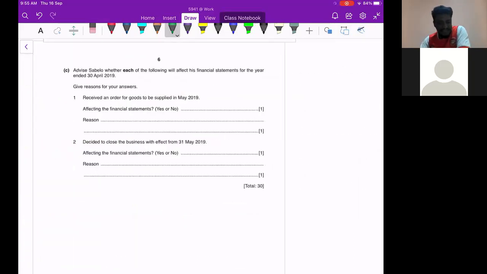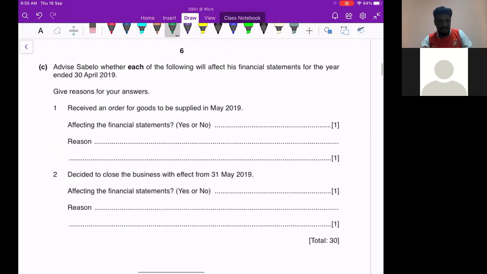Advise Abolo whether each of the following will affect the financial statement for the year ended 30th April 2019. Give a reason for your answer. Received an order for goods to be supplied in May 2019. Yes or no? Will it affect the financial statement or not?